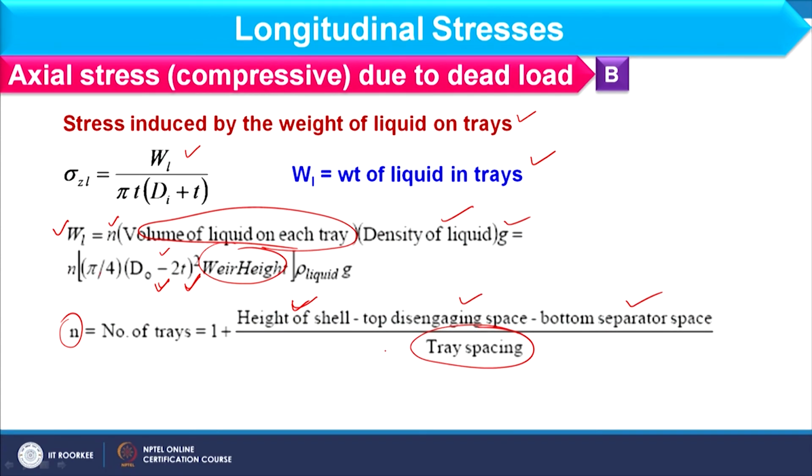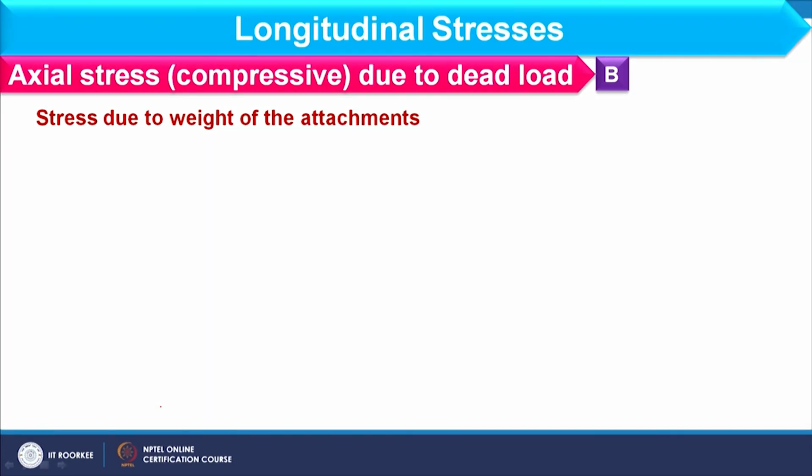So, we consider the parameters accordingly, and that should be divided by tray spacing. So, it will give the number of trays, and so you can find out weight of the liquid over the tray, right.